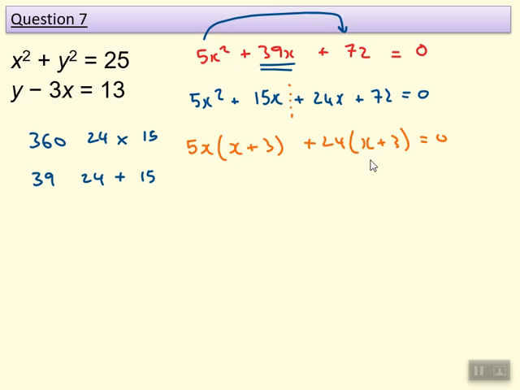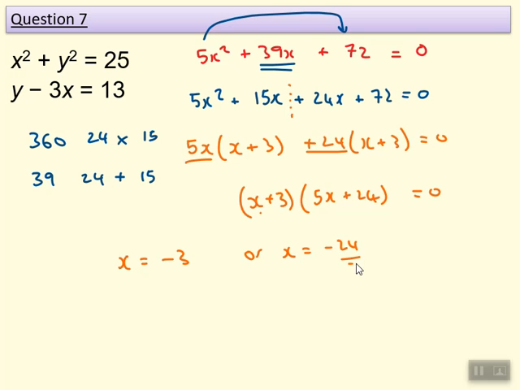You should notice the same bracket appears twice, so that's one of the brackets, and then whatever's in front, i.e. this and this, is the second bracket, and that equals 0. So the answer is x equals minus 3. Remember, what value of x makes that bracket 0? Minus 3. Or x equals negative 24 over 5, which is the same as minus 4.8. And then, don't forget, you still need to work out what y is.